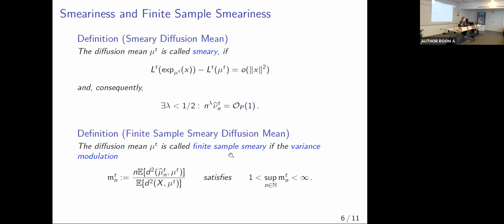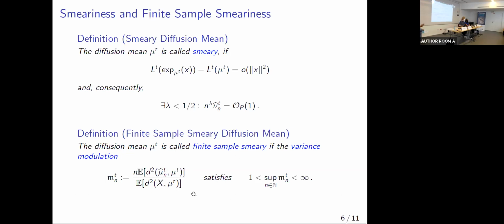And to deal with finite sample smeariness, we can define the variance modulation as the quotient of the variance of the sample diffusion means rescaled by n, so that for a standard central limit theorem it would just compensate for the asymptotic rate, divided by the variance of the random variable itself.